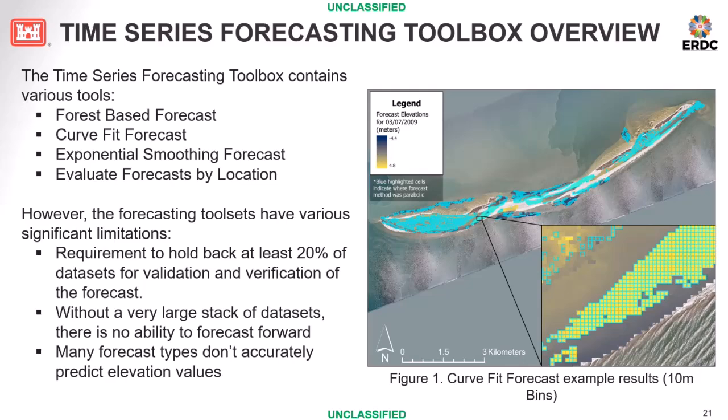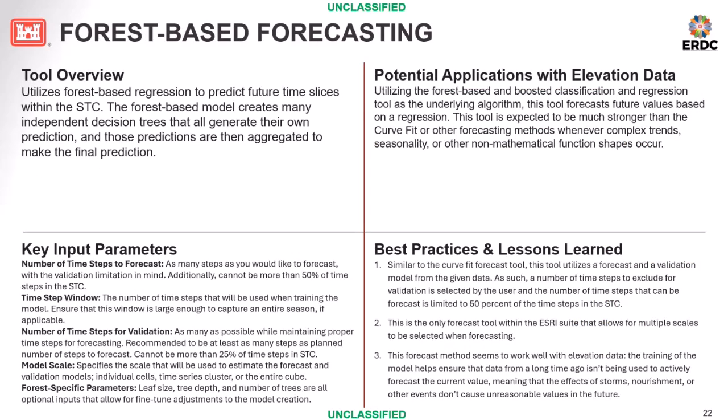And so that being said, I will jump into the forest-based forecasting because this was the type of forecasting that we felt like did the best out of the three. For elevation values, it utilizes a forest-based regression to predict future time slices within the space-time cube. It creates a bunch of different independent decision trees that all generate their own prediction, and those predictions are aggregated.